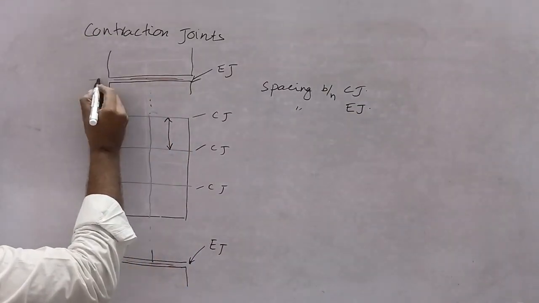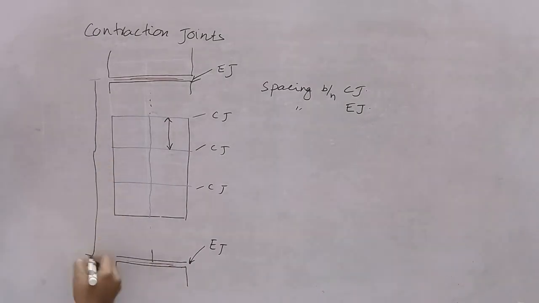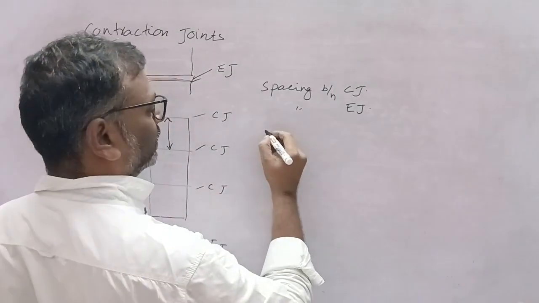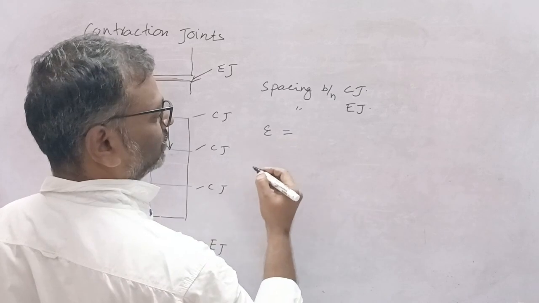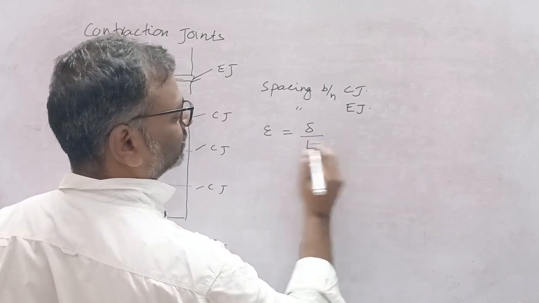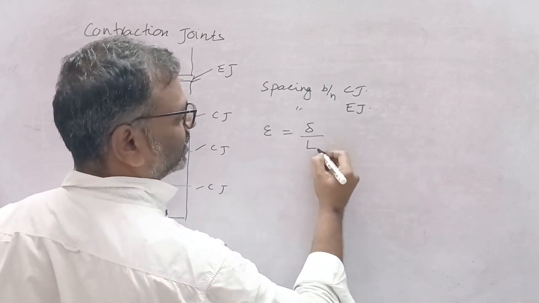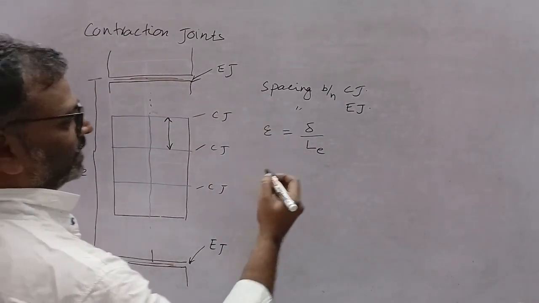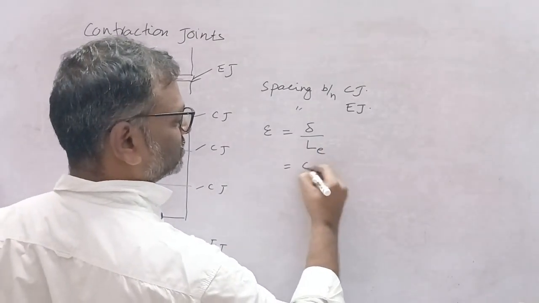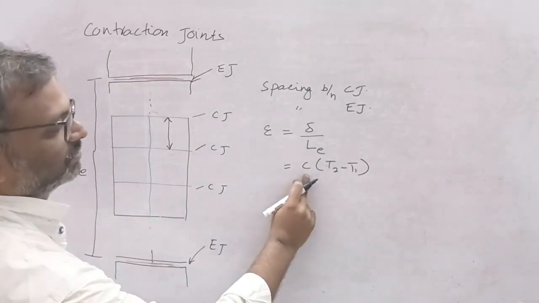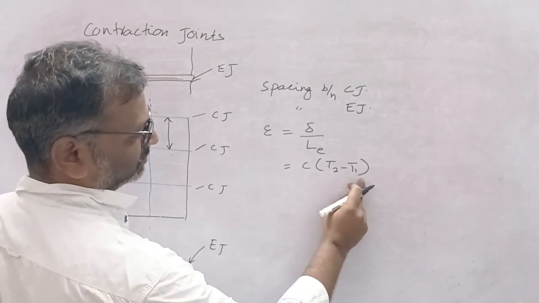So expansion joints, suppose this is the length between expansion joints, and we know that strain is equal to change in length by original length, right? And change in length, because of the temperature the concrete is going to expand, so this change in length is multiplication of coefficient of thermal expansion into temperature difference.